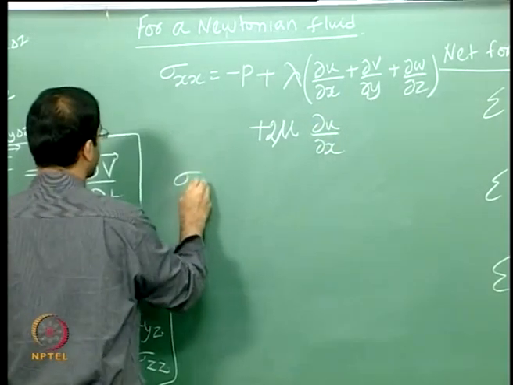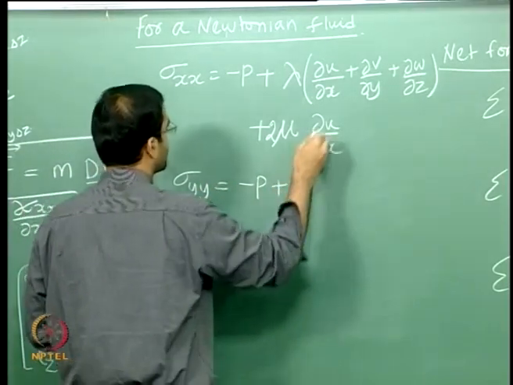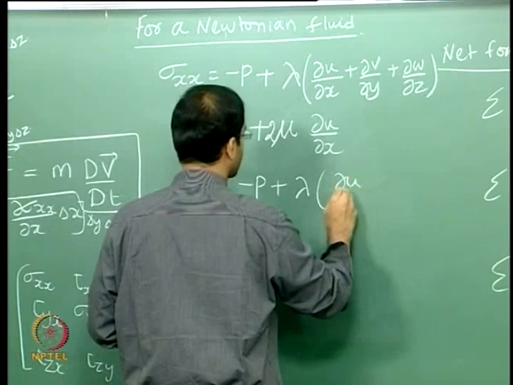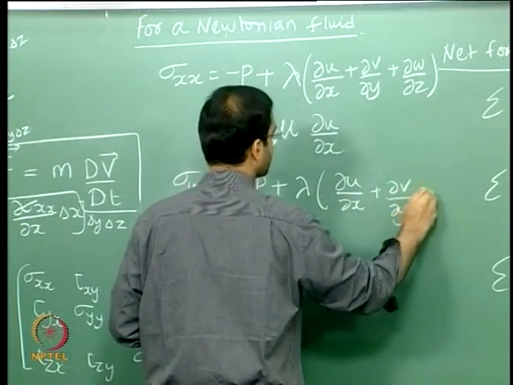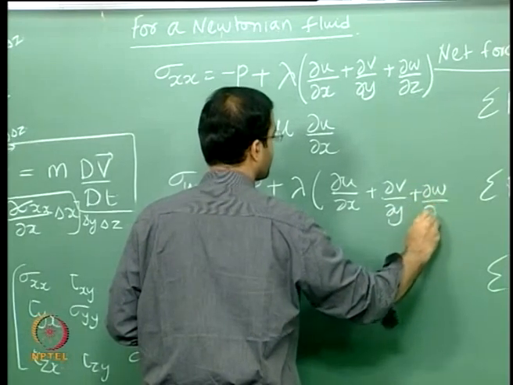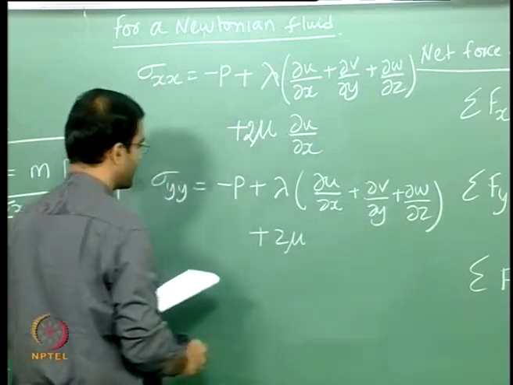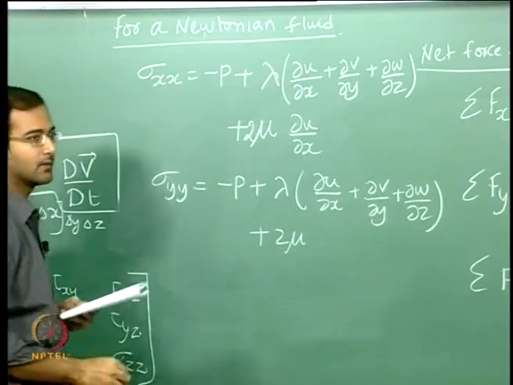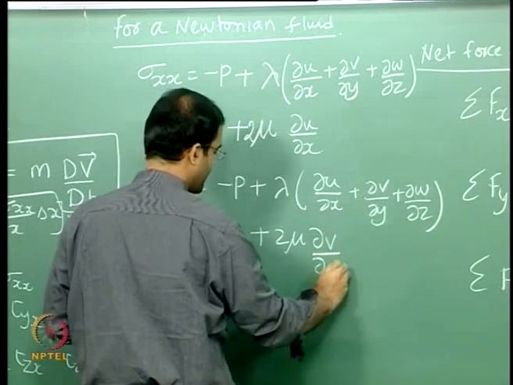Similarly, if I go ahead and write the relationship in the other directions, you can write the same thing. The divergence term will be there as it is, plus you have 2 nu into, can you guess what should be del v by del y.